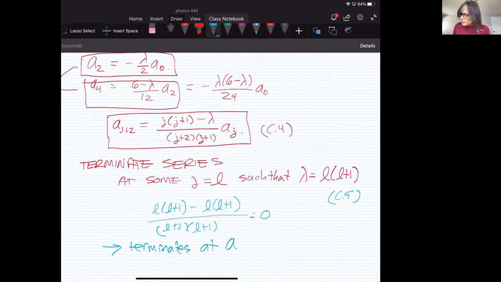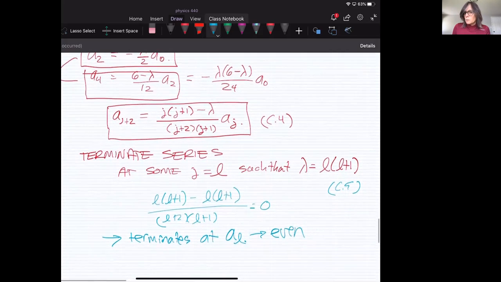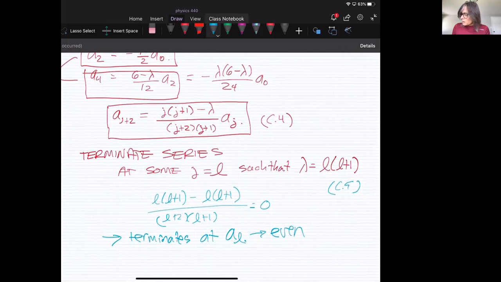at A sub L. Now, because of the way we've constructed these series, these are even values for j, and because s is equal to 0, that means that our solution, our y of x, is equal to the sum of A sub j x to the j over even values.